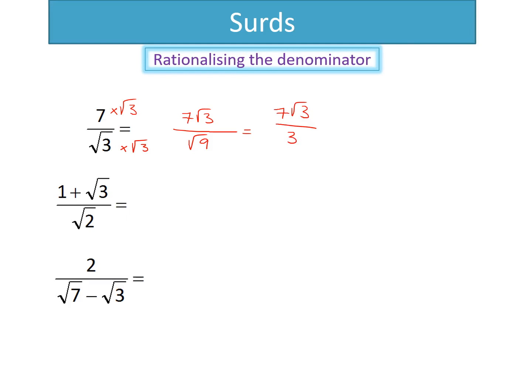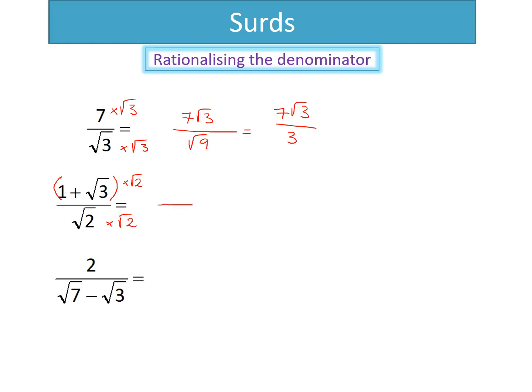In the next example, again, to get rid of the square root of 2, I have to times by square root of 2. But again, I'll have to do the same to the numerator. I have to times it by root 2. Now, I would normally write the root 2 in front of the brackets, because it's easier than to expand.